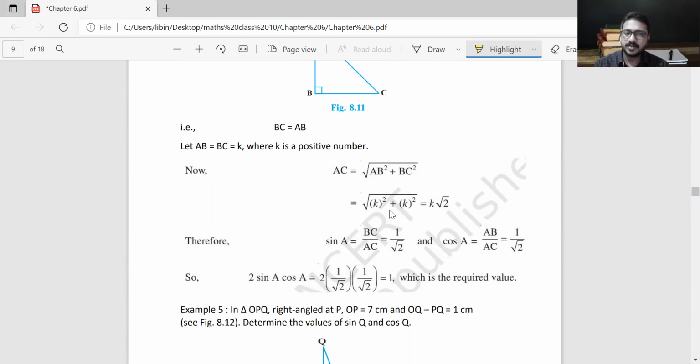So how many of you have done it? Actually this example is very simple. It uses only what we have learned so far, there isn't any tricky question. So let us do our example 5.